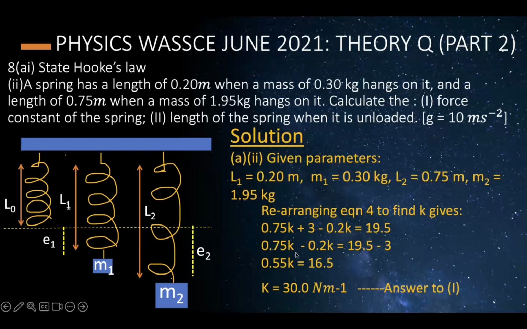In this case you just need to now solve for k. By rearranging and substituting the values you have, you will get 30 Newton per meter. When you get to this point, this will be half mark. It's funny, right?